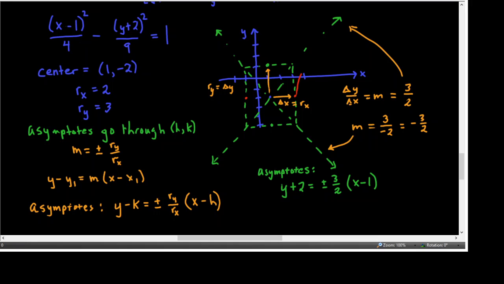So now just draw a curve that gets closer and closer to your asymptote. Okay? And so this one will open left and right. If the y had been in the positive fraction, it would have opened up and down.